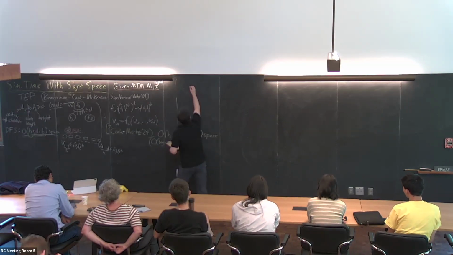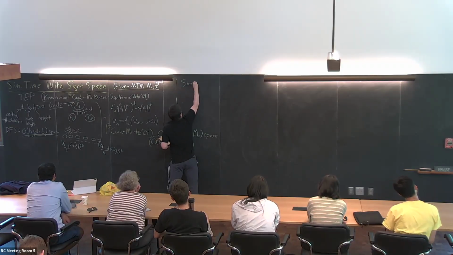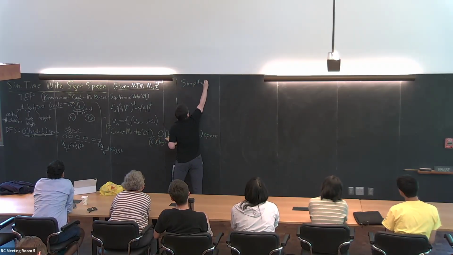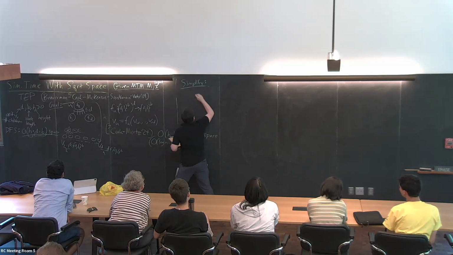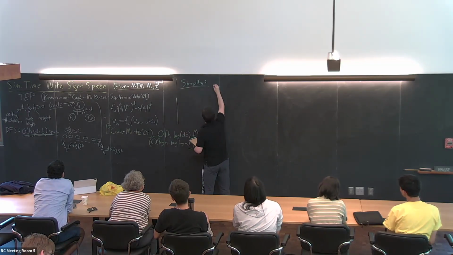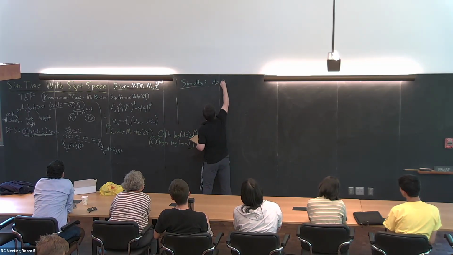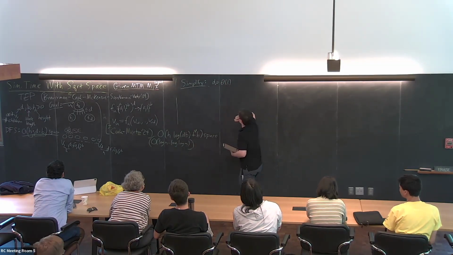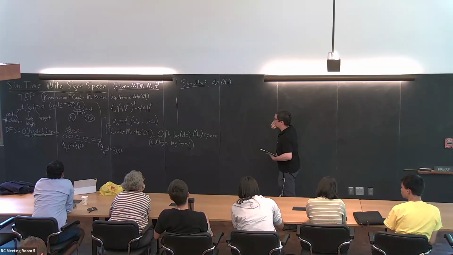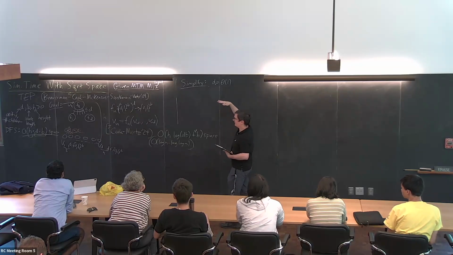The first thing I'll do is simplify things a bit. I have notes on how to undo the simplifications if you want, but for us, we really just need the degree to be constant.